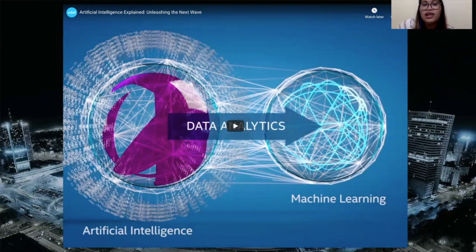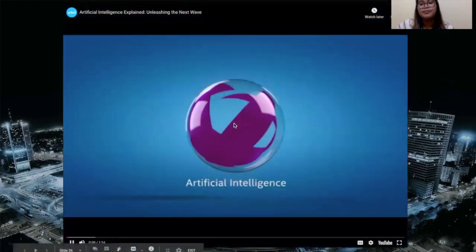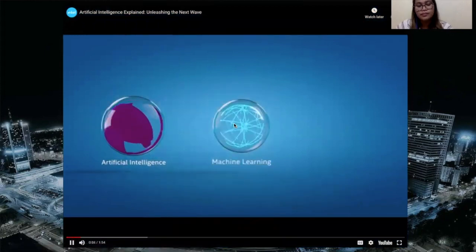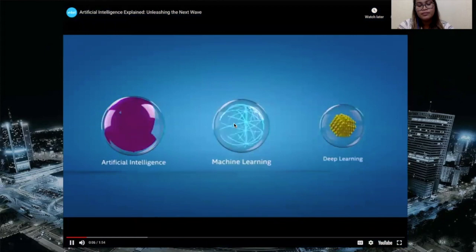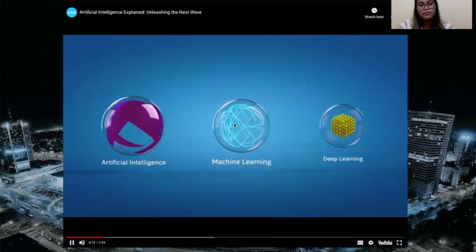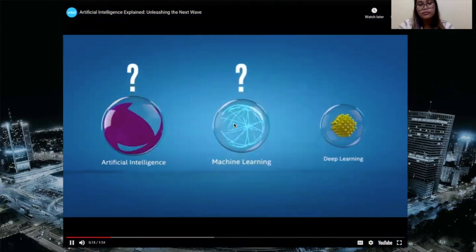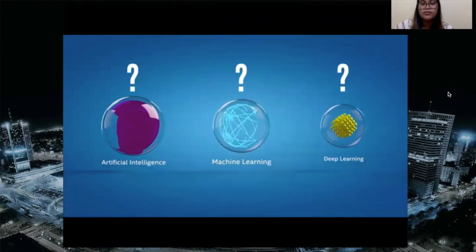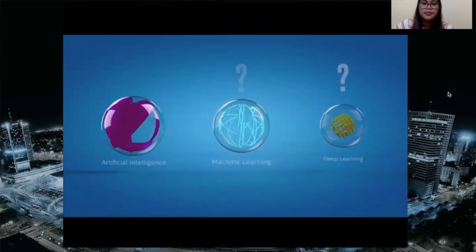Understand artificial intelligence and data analytics and machine learning. Artificial intelligence, machine learning, deep learning. For anyone who's not a data scientist, the terms associated with computing's next big wave can be pretty confusing. But at the most basic level, the relationship between these three key concepts is fairly simple.